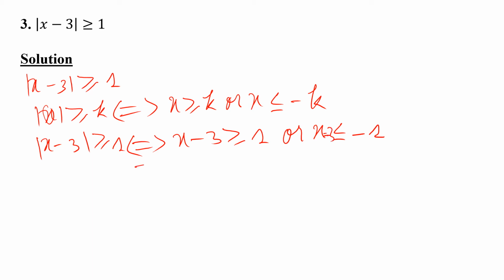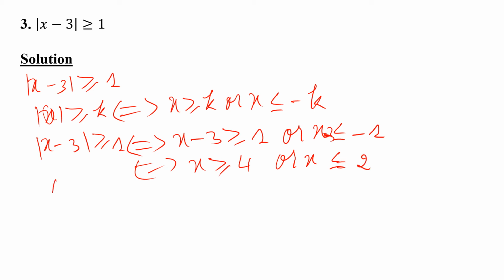We take the -3 to the second side, then we get x greater than or equal to 4, or x less than or equal to 2, since -1 plus 3 is 2.